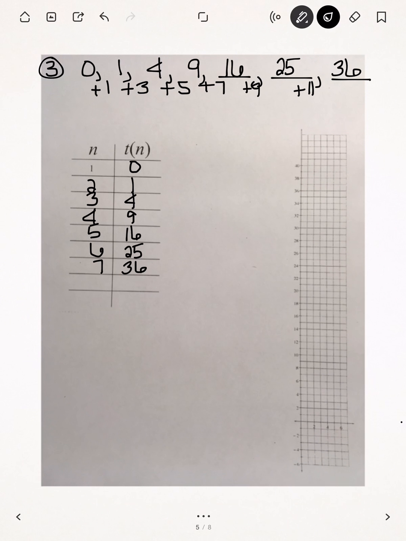If I go over 1 up 0, I'm going to get a point right there. Over 2 up 1. Over 3 up 4. Over 4 up 9. Over 5 up 16.